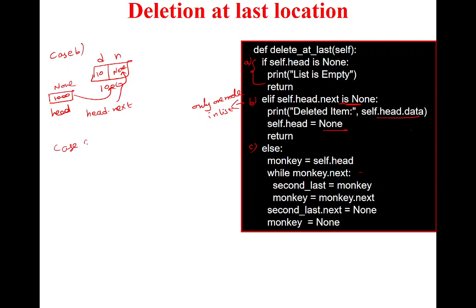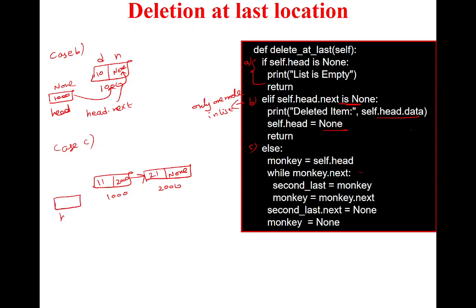Case C, there are more than one node like this. None. 1000, 2000. Here 2000 will come. Here 11, 21.